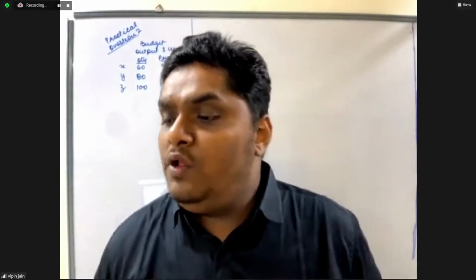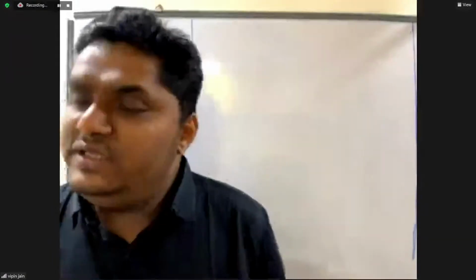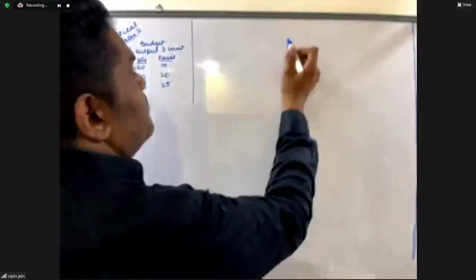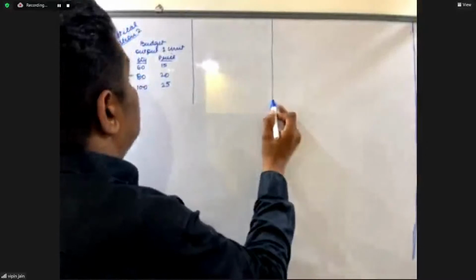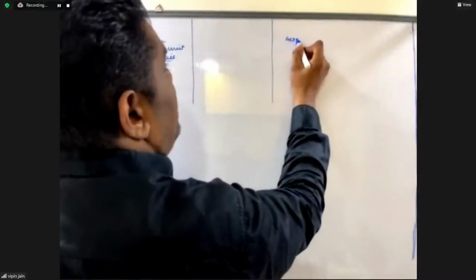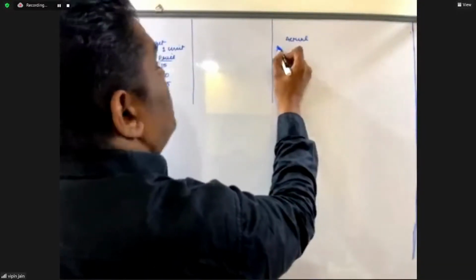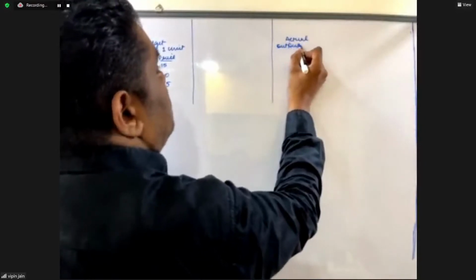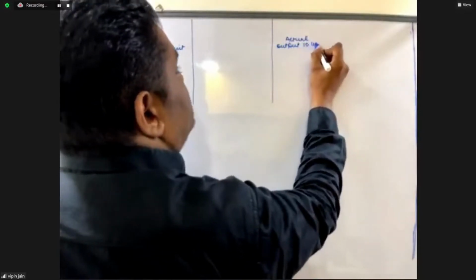So now during the month of April, they manufactured 10 units. When talking about the actual data, the actual output is 10 units.